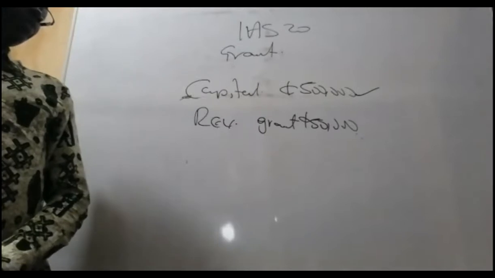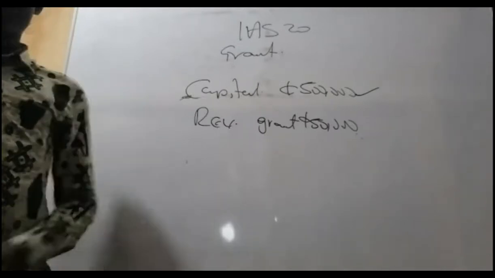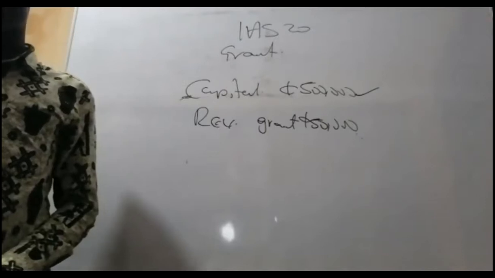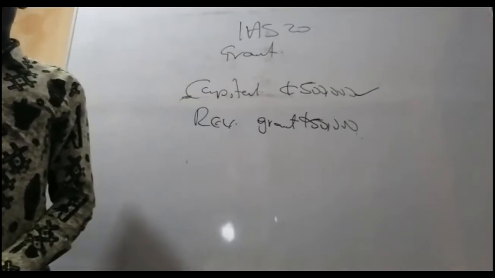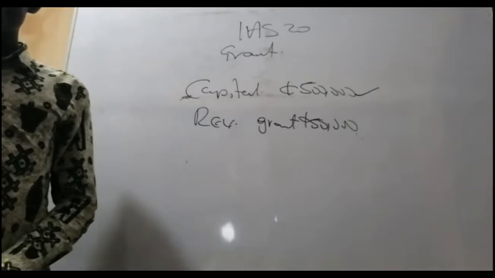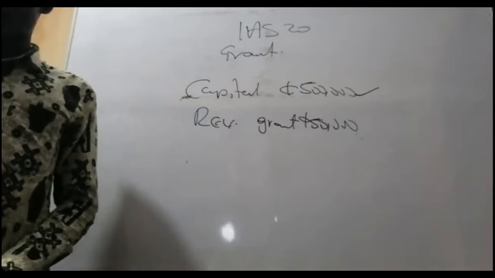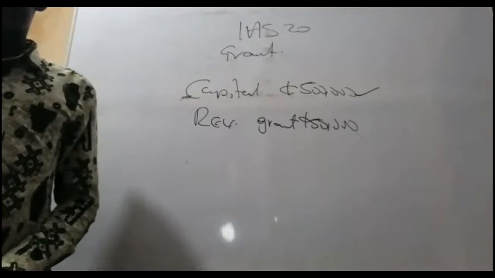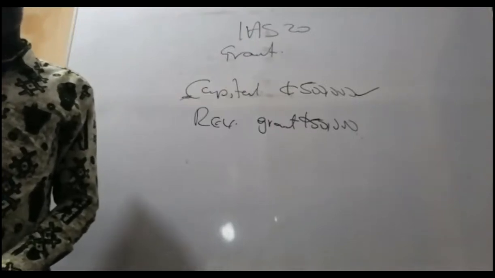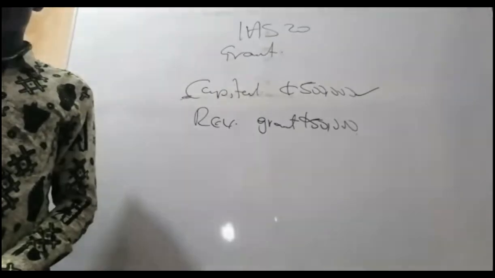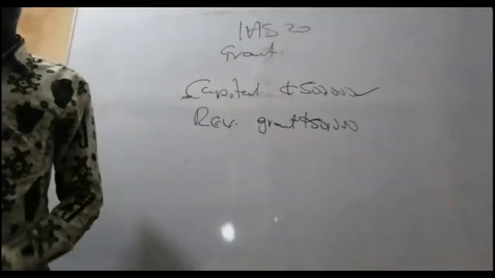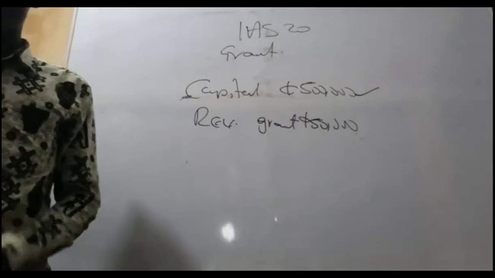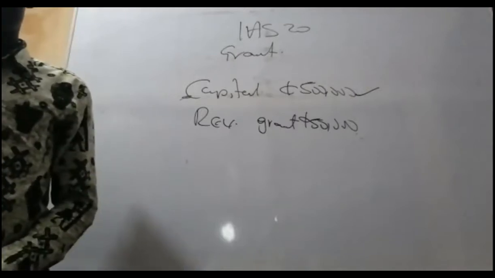Here, the grant is either netted off from the capital cost of the asset. But the capital cost of the asset is not given. So it means that we can only adopt the second method, the deferred credit approach.